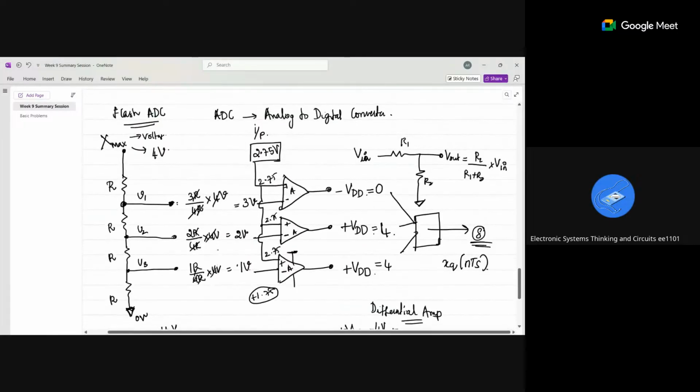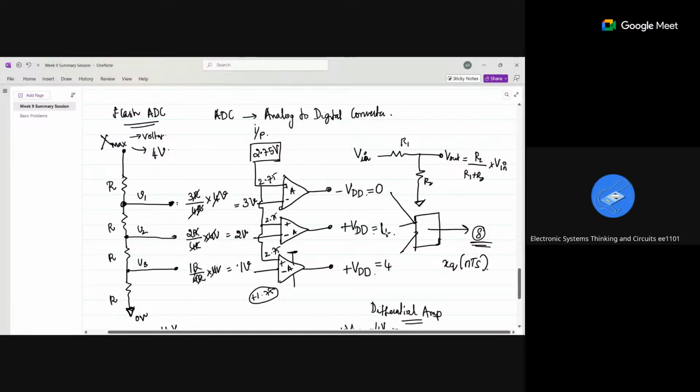For now, you just understand how the flash ADC is operating. When we see a few more examples related to working and problems, you will be completely able to understand the flash ADC. For now, just understand there are many amplifiers in the circuit. To each amplifier, in the negative terminal, we are feeding fixed voltage values, which are considered as the levels. Then in the positive terminal, we feed the input, and the output will be either a plus VDD value or a minus VDD value.